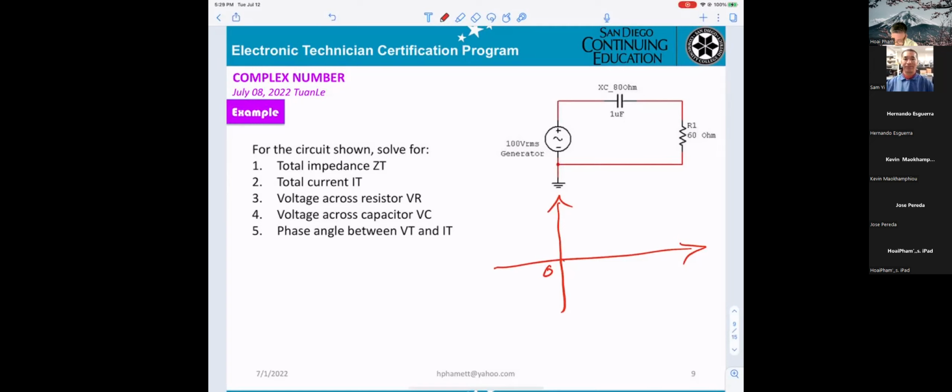First thing, the resistor has no phase difference. How do I draw XL? If I want to draw XL, how can we do it? Go right or left or up or down?